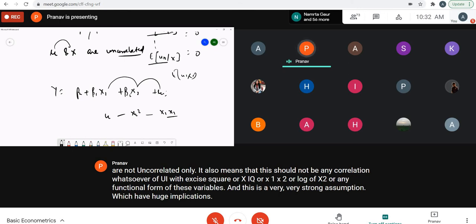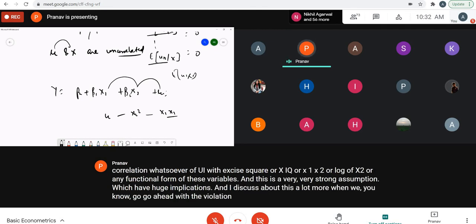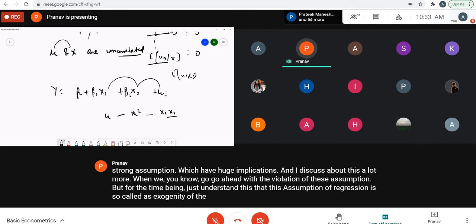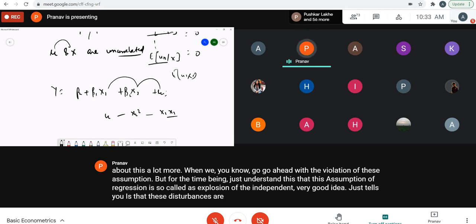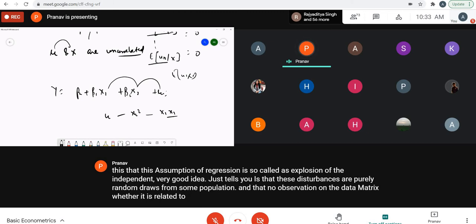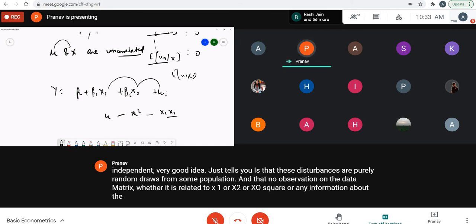And I'll discuss this a lot more when we go ahead with the violation of these assumptions. But for the time being, just understand that this assumption of regression is also called the exogeneity of the independent variables, where exogeneity just tells you that these disturbances are purely random draws from some population, and that no observation on the data matrix, whether it is related to x1 or x2 or x1 square or any function, contains any information about the expected value of the error term.